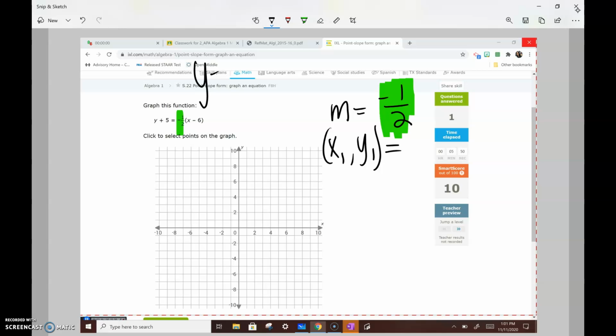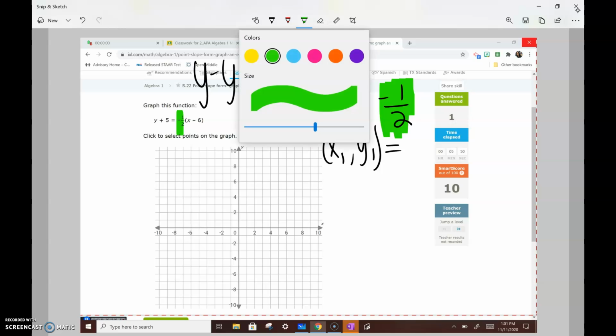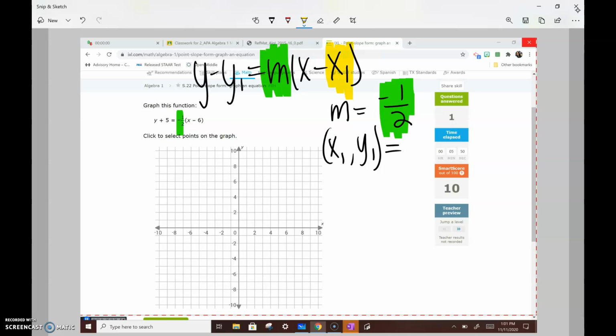Okay, and let's write our formula just in case we need that as a guide, because I know you guys are still new at this. So that's my slope. Now I want my x1, which will be here. Remember I said it's going to be the opposite, so that's going to be +6.